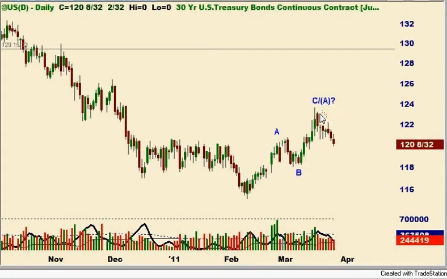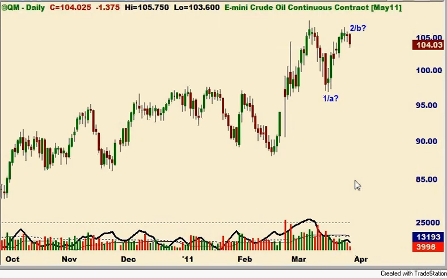Again, we had looked at bonds a few days ago, looked for a possible short-term peak. I favor that this is a corrective pattern, and that we have just completed the first portion of that. So I expect bonds to go sideways in here for a bit, but that's open obviously to review.